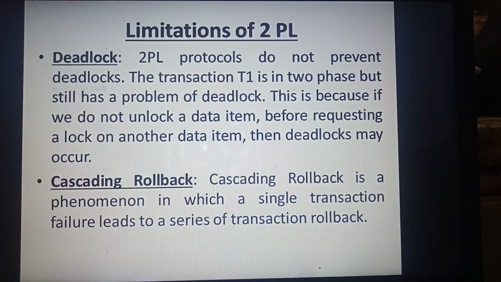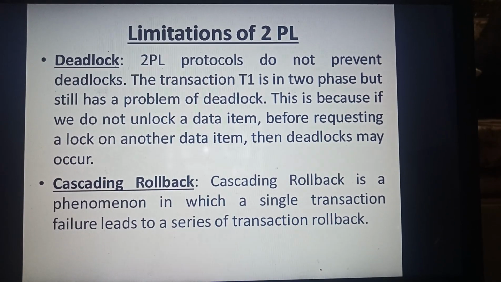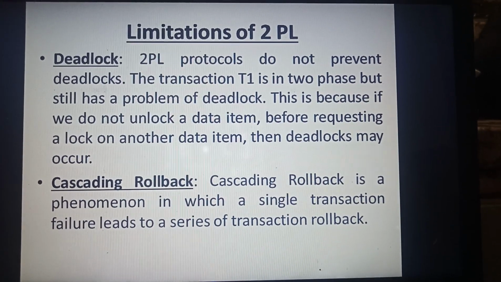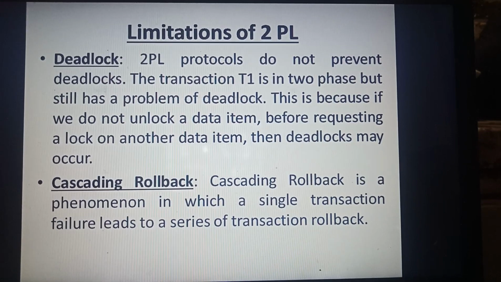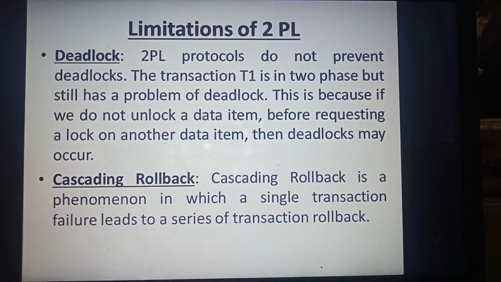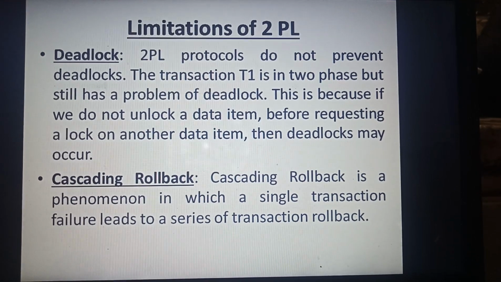This means that if all locks are acquired first, then it may cause a situation of deadlock because some data items may be needed by some other transactions which has been locked by transaction T1.